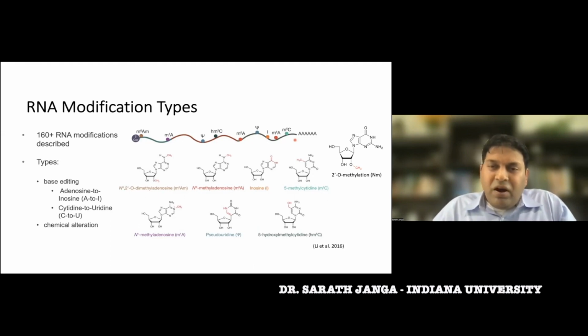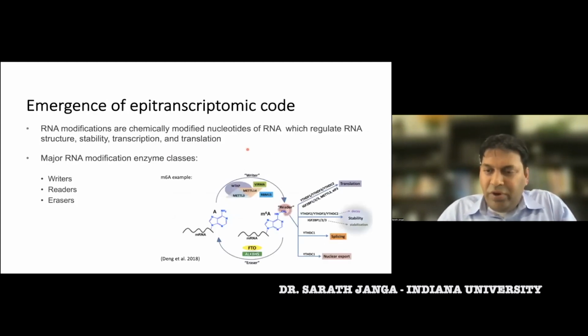However, we are far from clear on how this combination of modifications could occur and how these would drive the RNA isoforms as the cell progresses. So that is something I think is an open-ended question for the community.